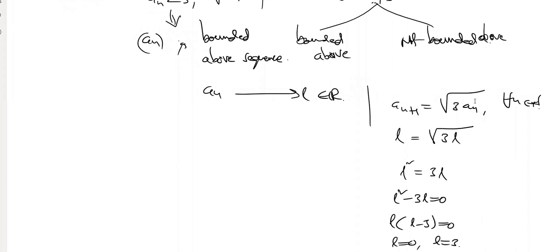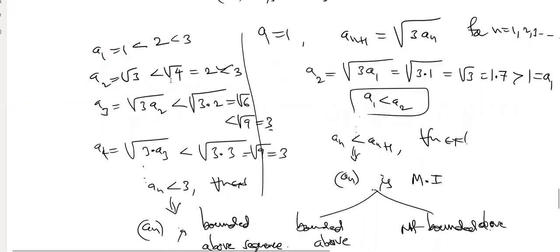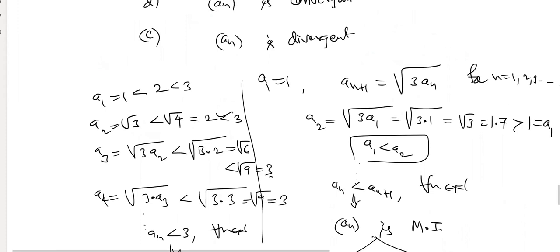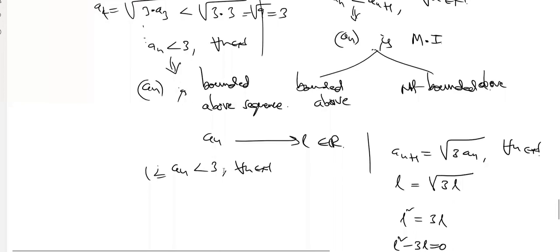Therefore, what you observe is that a_1 is 1, a_2 is 2, a_3 is root 6. All the terms lie between 1 and 3 for every n. Since a_n converges to L, by the theorem this limit also lies between 1 and 3.